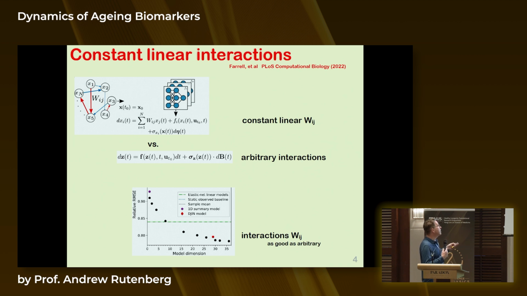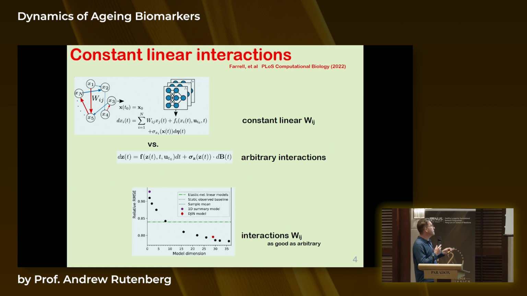And this was work done by Spencer Farrell. Now the interesting thing about this and why I want to mention it is that Spencer also did the same dynamics, but instead of that explicit interaction, just embedded it in a general deep learning approach. So the deep learning approach just said, whatever the interactions are, nonlinear, doesn't matter, we'll just build it all in.